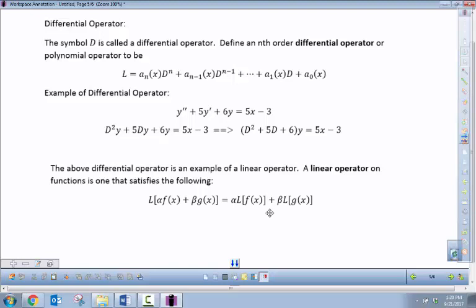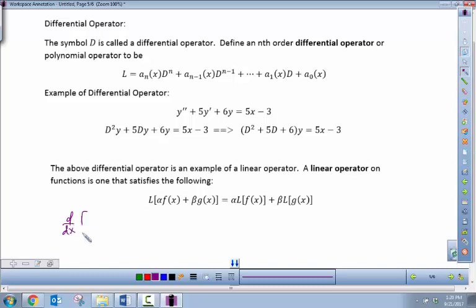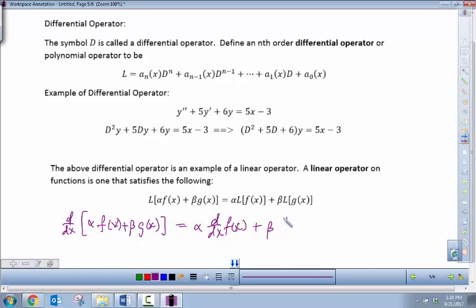Integrals. Integrating is a linear operator. What else? Differentiating is a linear operator. So L would stand for your linear operator. If you take L as the derivative, let's call it d/dx, then d/dx of alpha f(x) plus beta g(x) equals alpha times d/dx of f, or f prime, plus beta times d/dx of g.